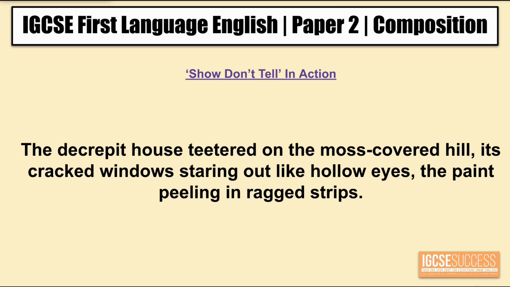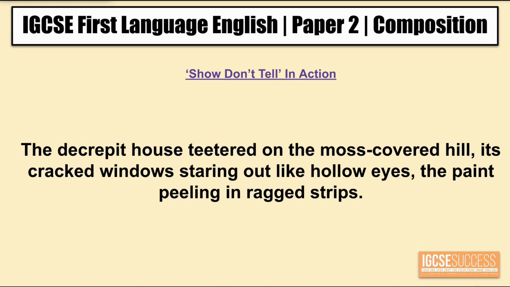So I started with that image of the house being decrepit and teetering on the moss-covered hill. So we've got that adjective decrepit, which immediately, I guess, sets a tone of age and decay and very much suggests the house is falling apart.